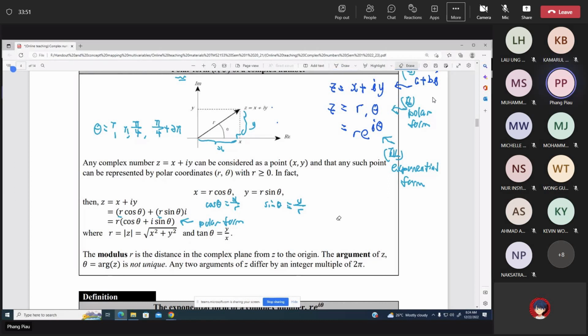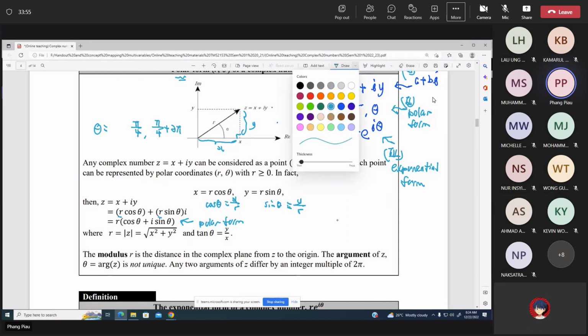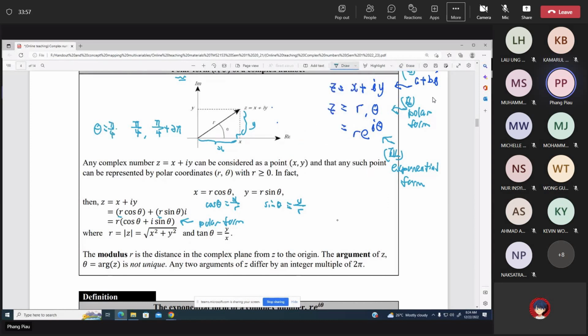You can have different values of theta: pi over 4 minus 2 pi, and so on. Of course, you have many. You can add 2 pi, you can add 4 pi and so on. So that's why theta is not unique.